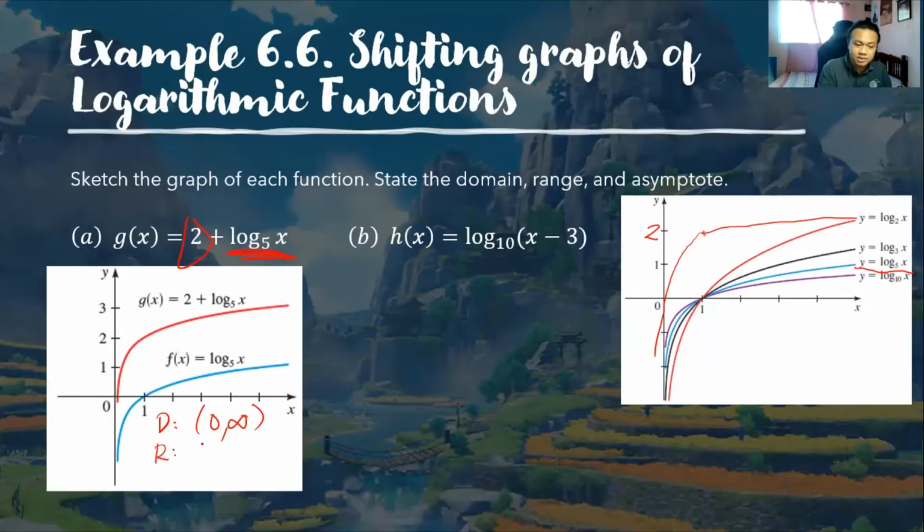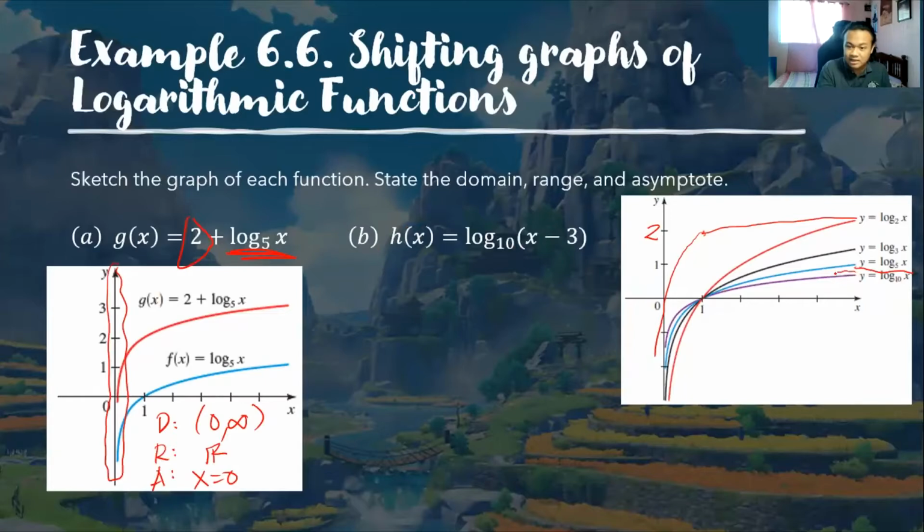It's the same, all real numbers. And lastly, the asymptote is the same, x is equal to 0.